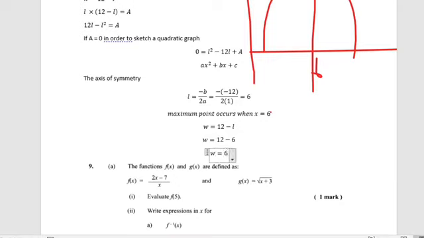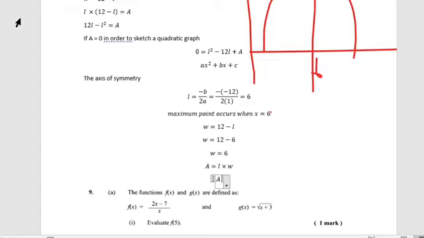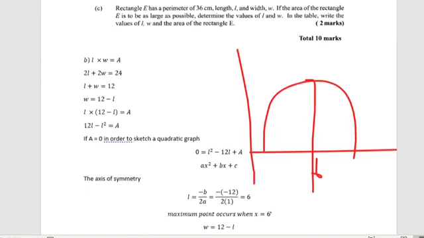So length is 6, W is 6, which is the width, and therefore area is equal to length multiplied by width. We just found our length and our width, so that is equal to 6 multiplied by 6, which is equal to 36. That is our area when the rectangle is as large as possible.